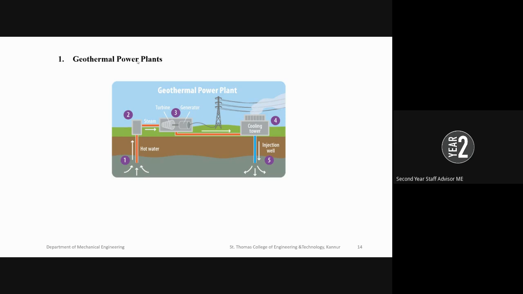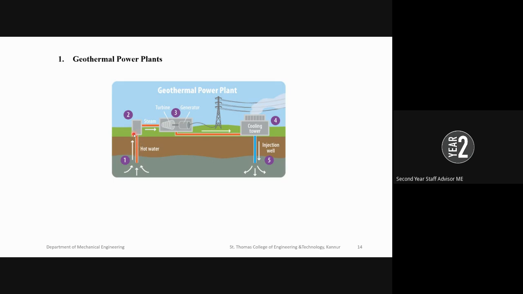That particular hot water will be pumped from deep underground, and taken to the surface. When the water reaches the surface, the pressure drops, since it was under high pressure underground.